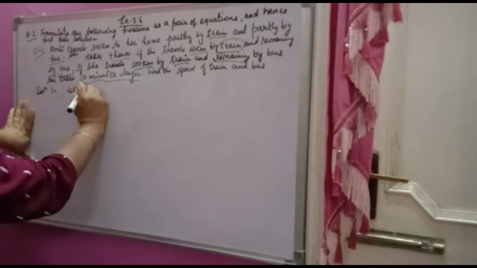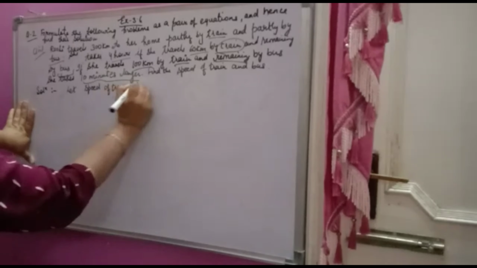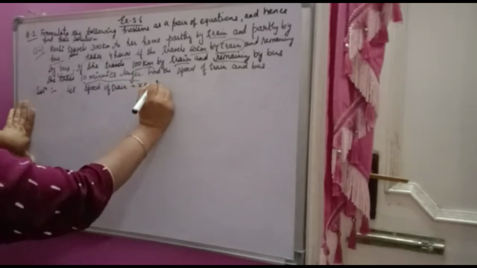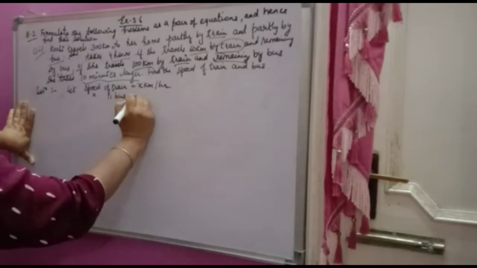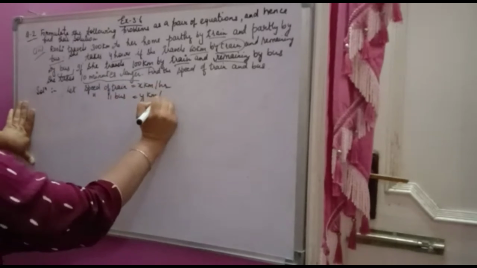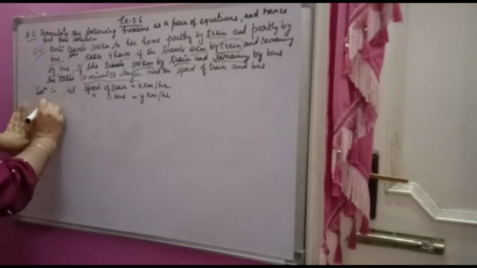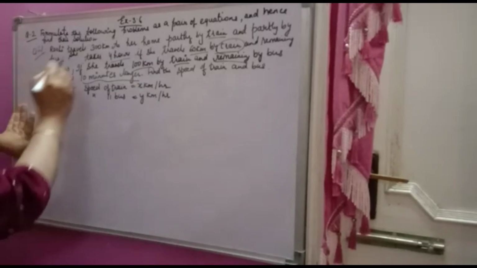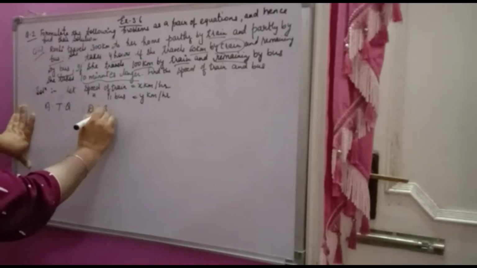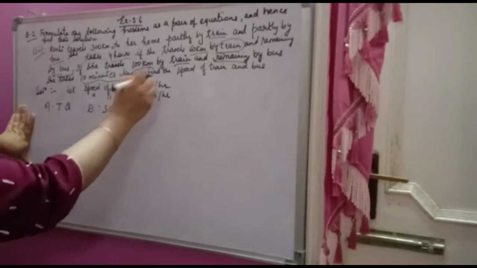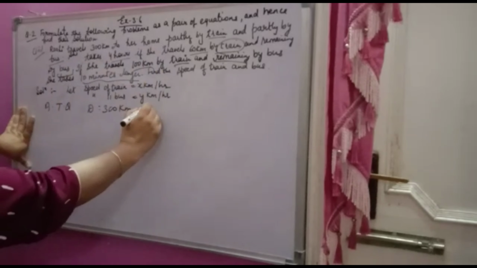Let the speed of train be x km per hour and the speed of bus be y km per hour. You have assumed it. Now, according to the question, Ruhi travels 300 km, and she travelled partially by train and partially by bus, and she took 4 hours.